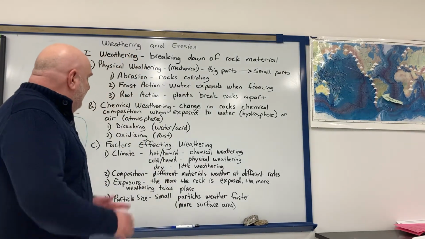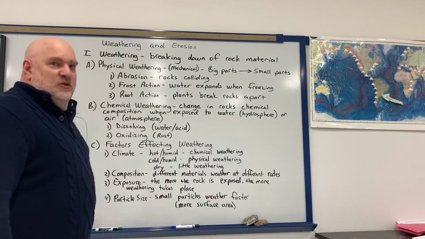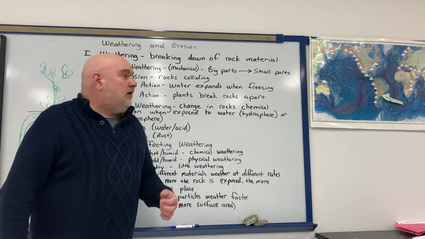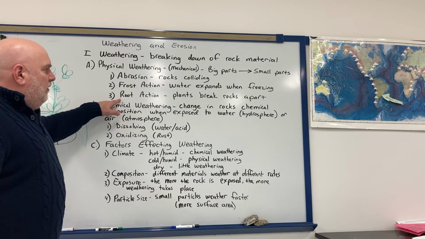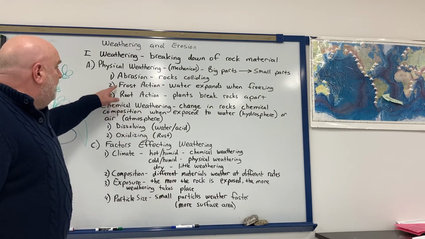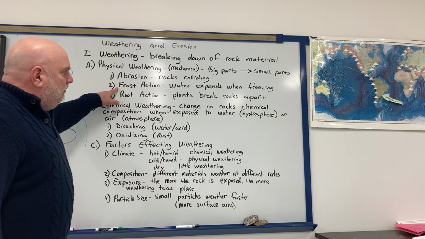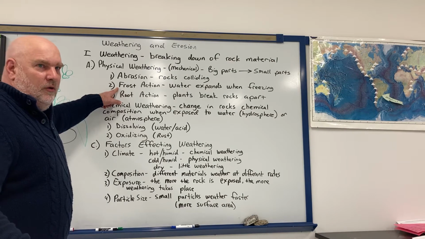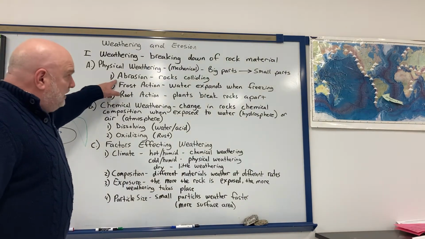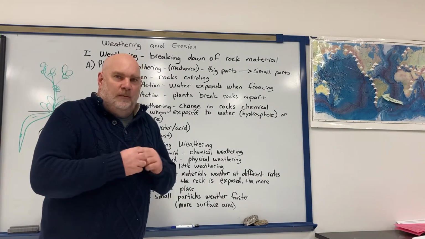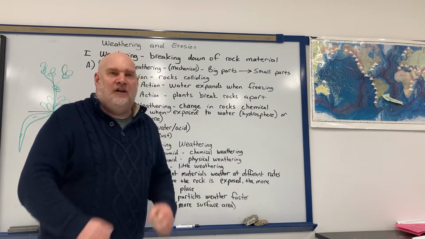And the reason being, well, if you look at most of these types of weathering, most of these involve water. I mean, root action. Well, plants need water. No water, no plants. No plants, no root action. Frost action, well, ice is just frozen water, so no water, no ice. Abrasion, all right? We said earlier that most abrasion takes place from moving water with the rocks banging into each other.